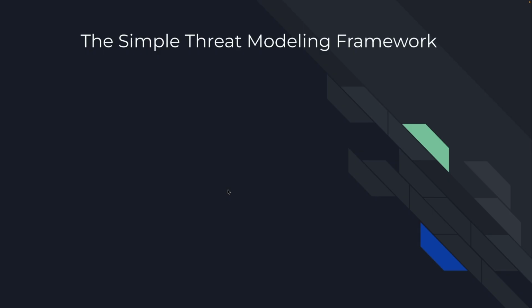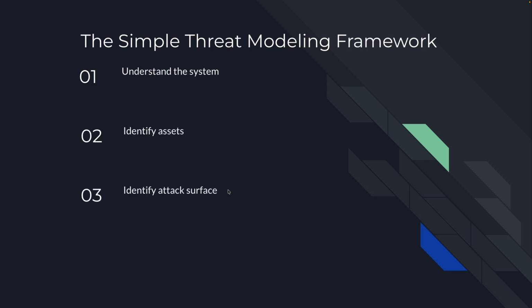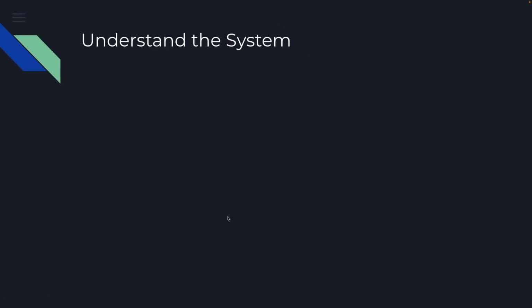So instead of jumping into complex security models, I like to start with a very simple four-step process. First, we need to understand the system, identify the asset, identify the attack surface, and ask abuse questions. This approach makes threat modeling much easier for developers.